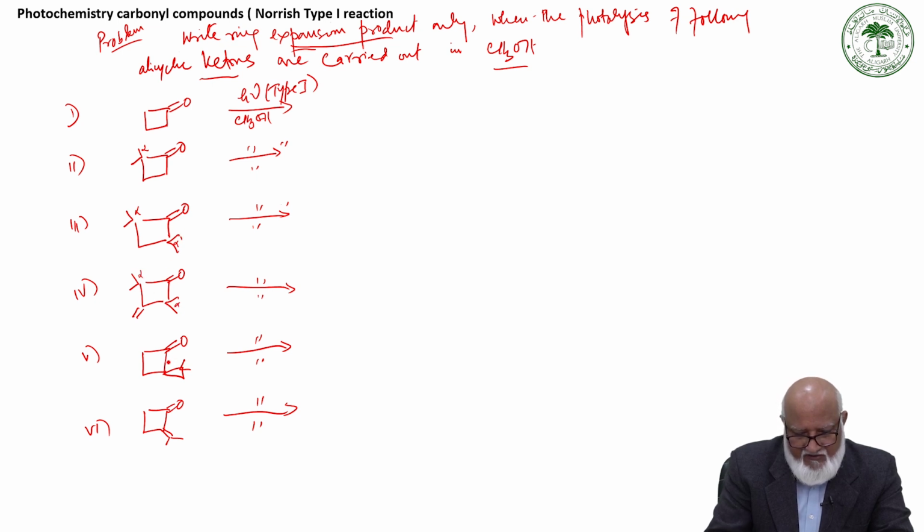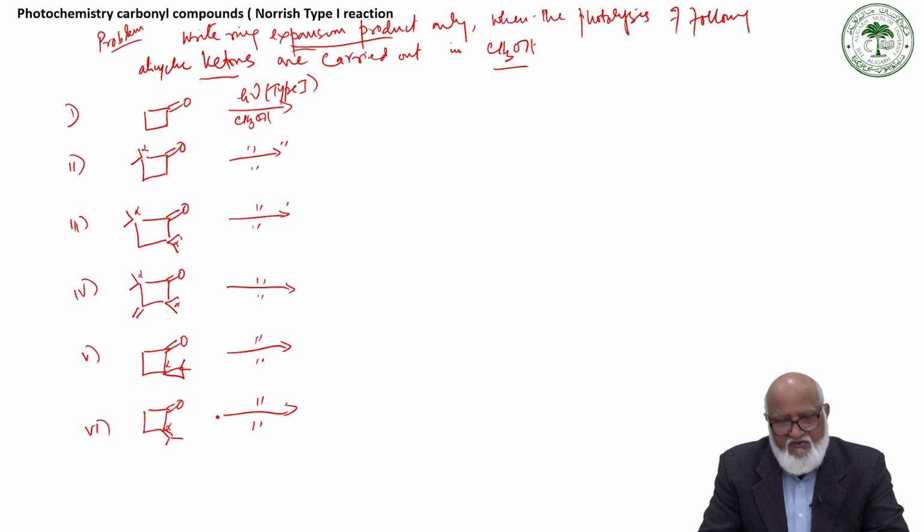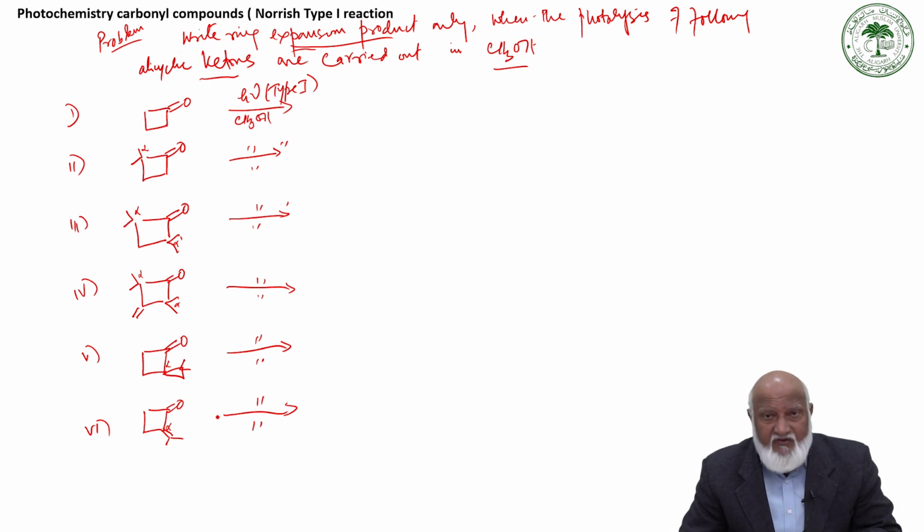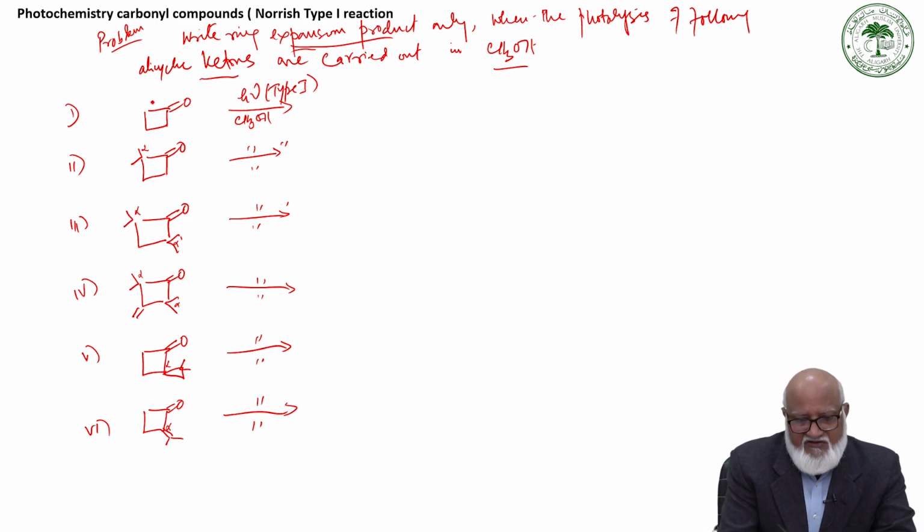So when the alpha carbon is substituted, we have to see the preferential cleavage, and also which radical is going to be formed, whether the radical is going to be stable or unstable. For this, let us see, this we have already seen.